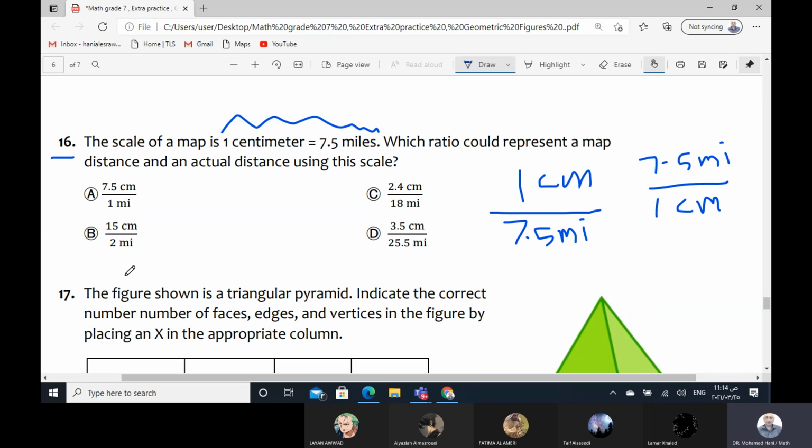So what is the true one? A. You can choose A or not. Be careful for the unit. Here centimeter, here mile. Here mile, here centimeter. So this is wrong, because here we have different units. Here centimeter, here mile.